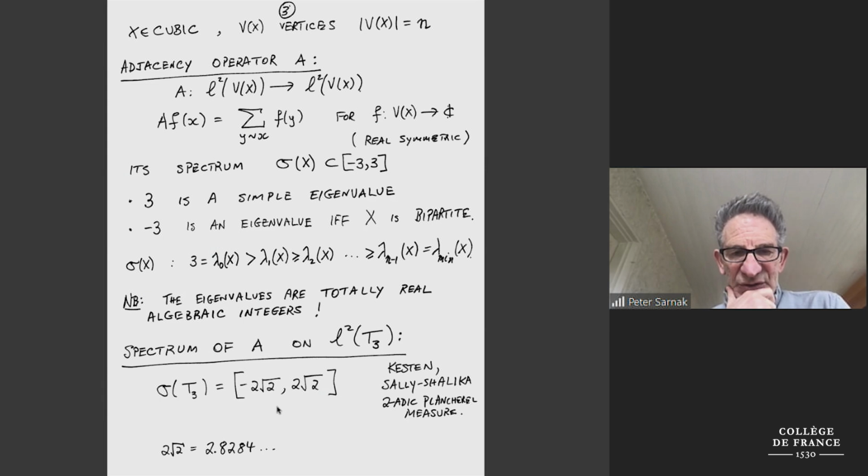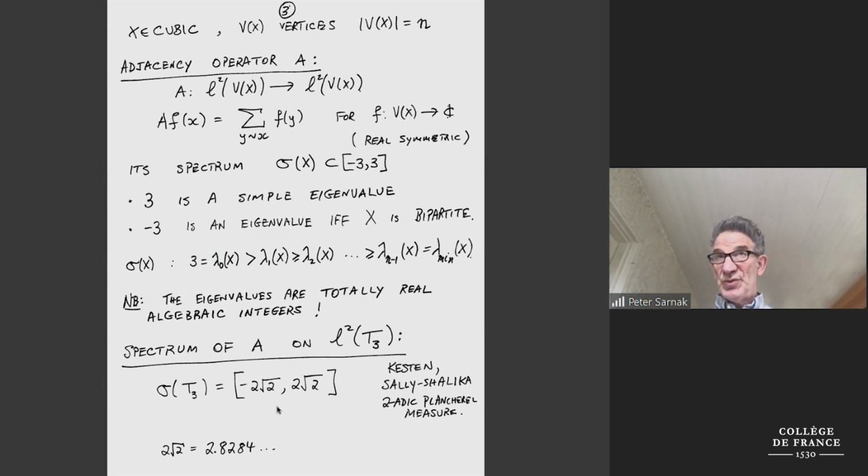I think this was done simultaneously and in entirely different subjects, which is kind of interesting. So this was computed by Kesten. It's a famous computation of Kesten of the spectrum of a random walk on a tree on L2 of this. So I repeat the L2 aspect. It's also the 2-adic Plancherel measure computed by Sally and Shalika for PGL2(Qp), where p is 2.